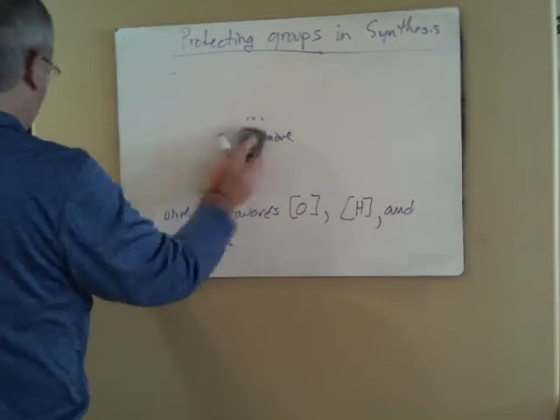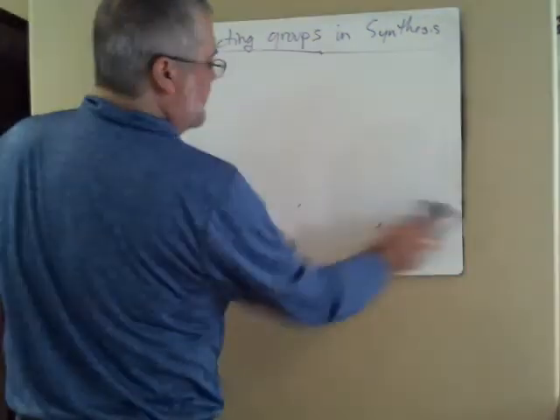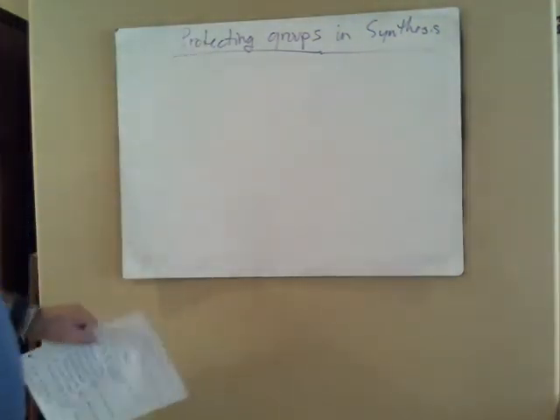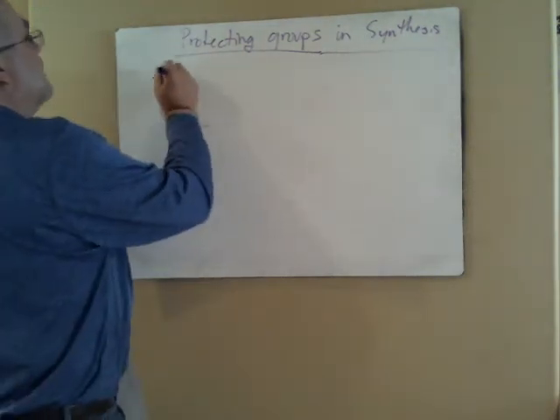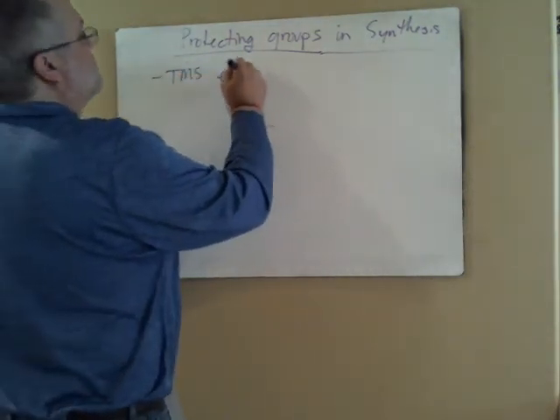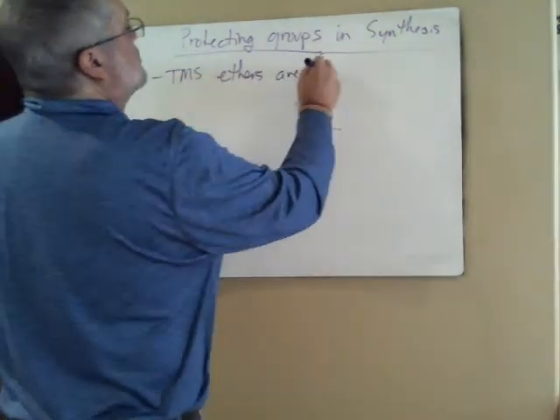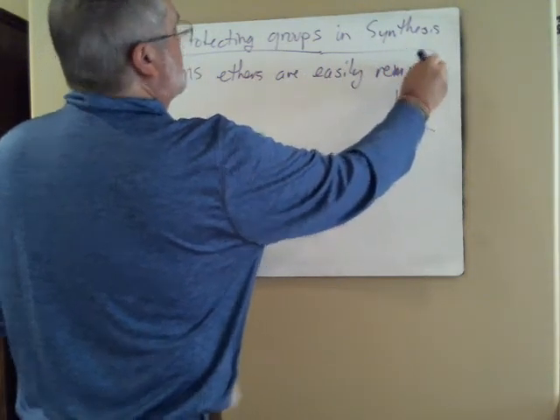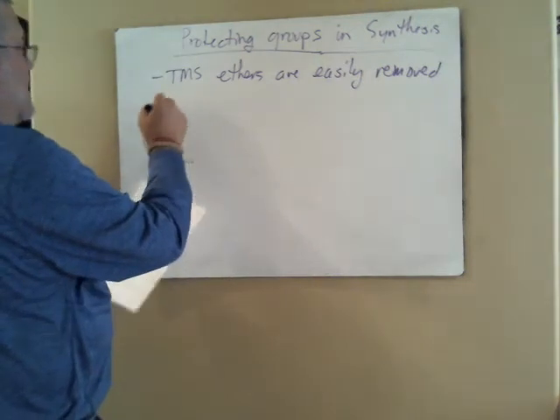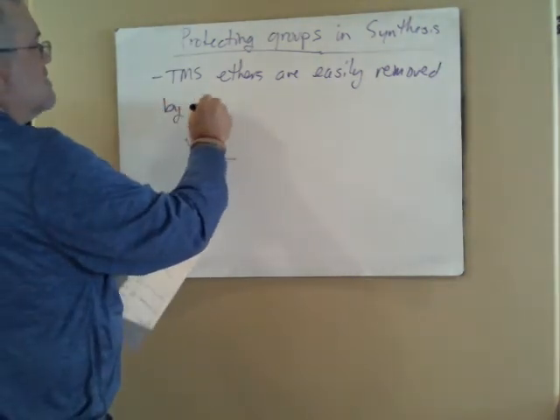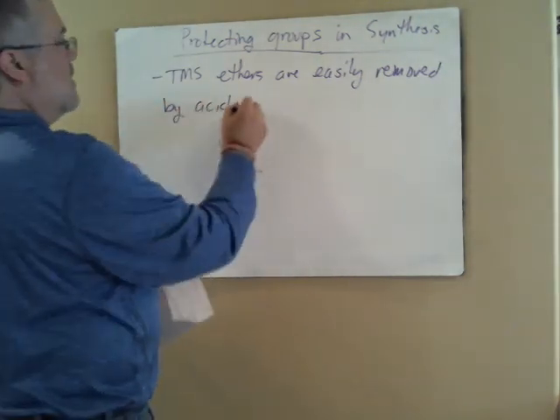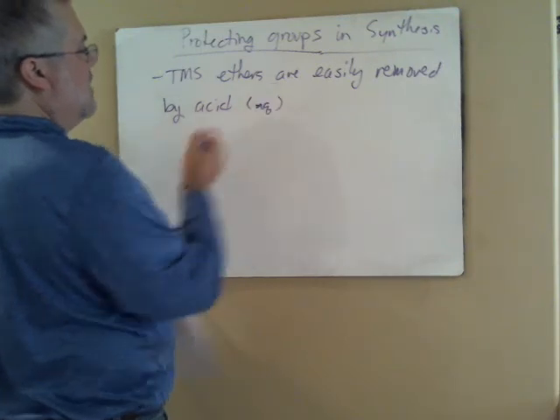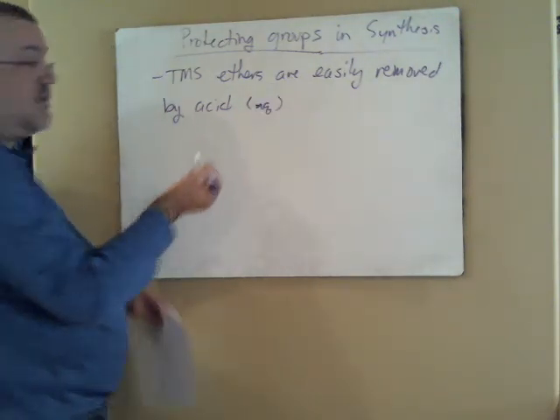Okay, so the nice thing then too is the second part, TMS ethers are easily removed. Okay, by acid. And I'm going to say it's really more commonly aqueous acid.